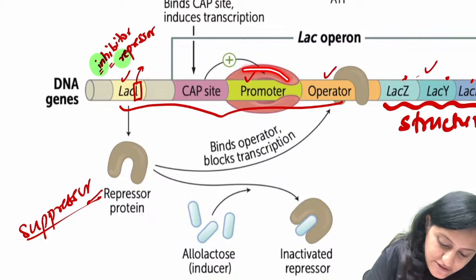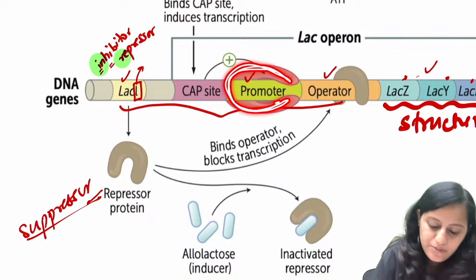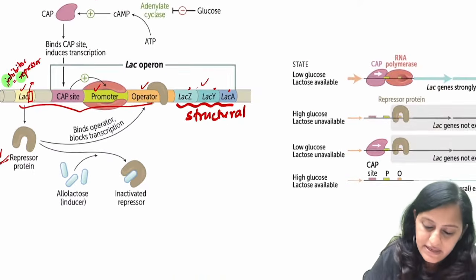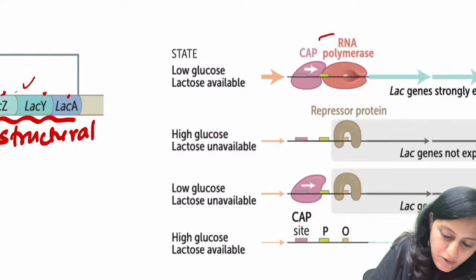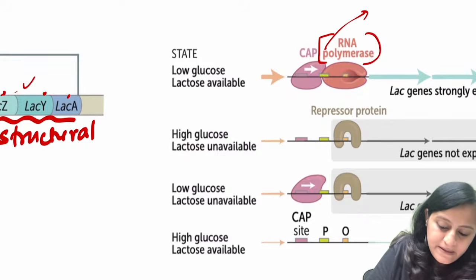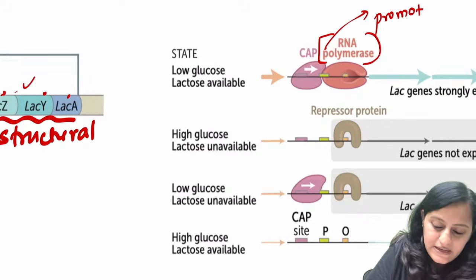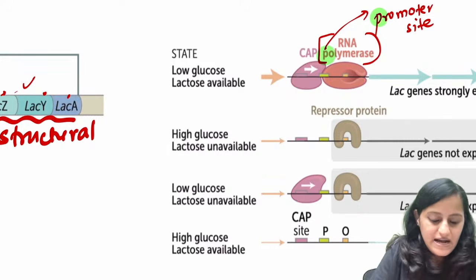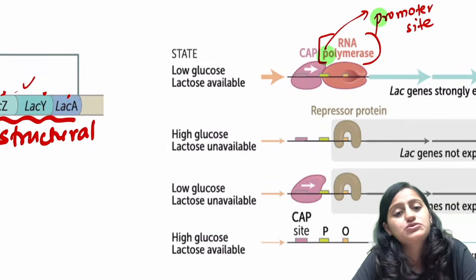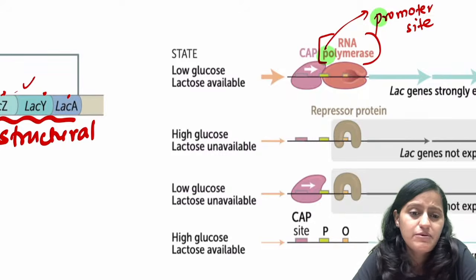The one you are seeing here, binding to the promoter, this orange color, is the RNA polymerase. Remember P for P: it binds to the promoter site. Is this clear with everyone?